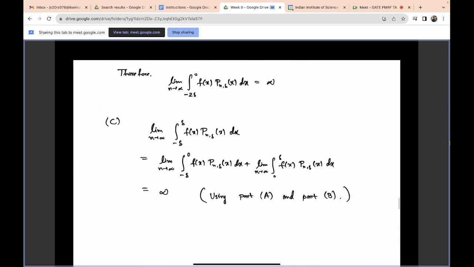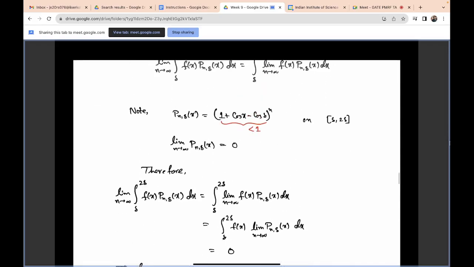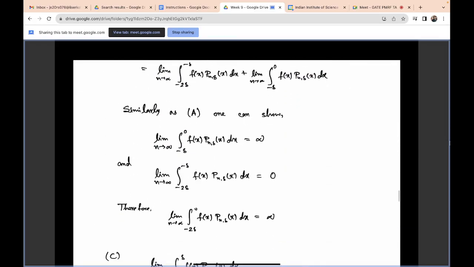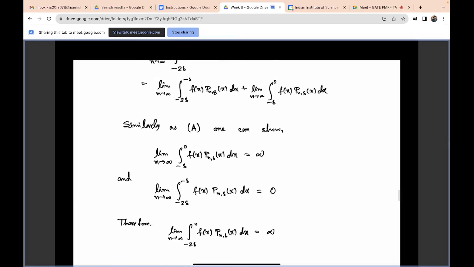Minus pi to minus delta, by A we have done; this is similar to the minus 2 delta to minus delta case.